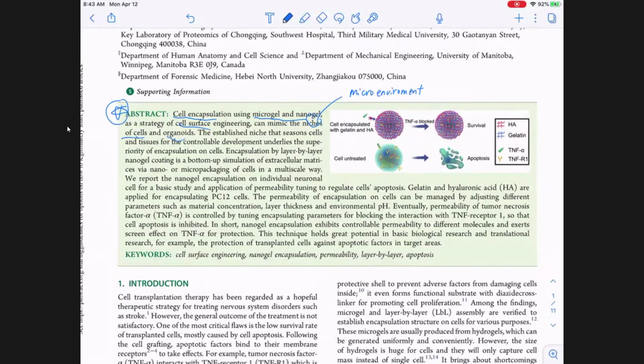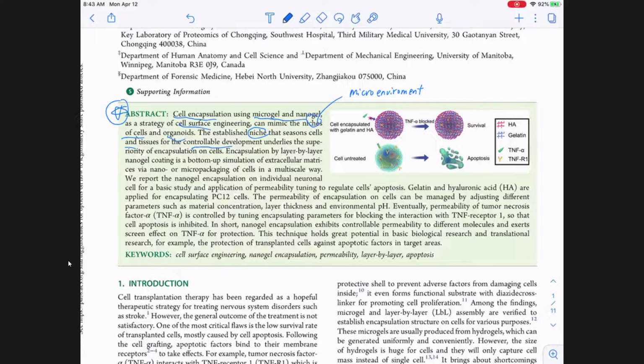Organoids means multiple cells making a mimic of organs or tissues. The purpose is to establish the initial microenvironment to regulate cell and tissue for controllable development. That's very important.